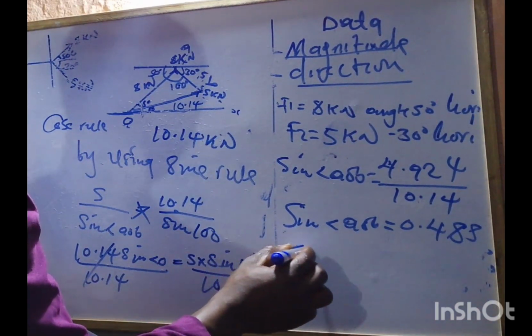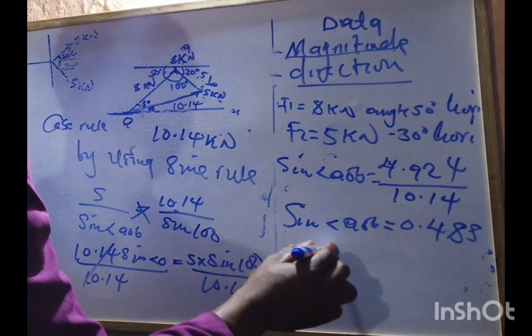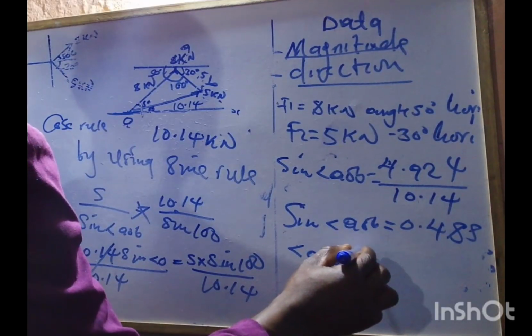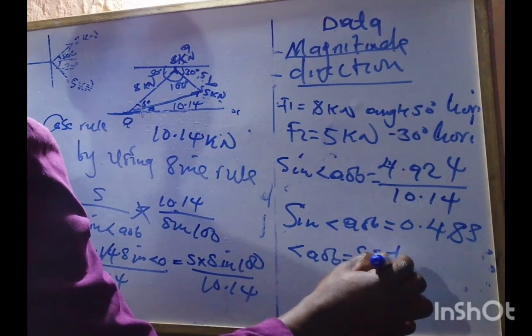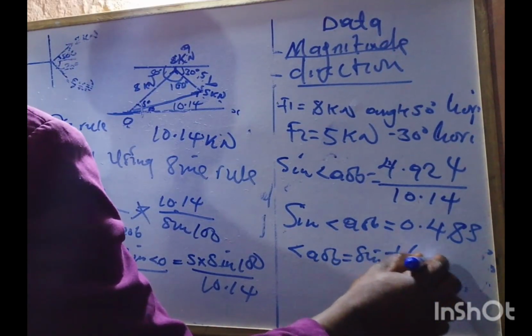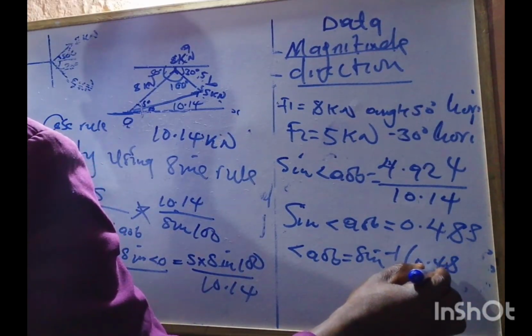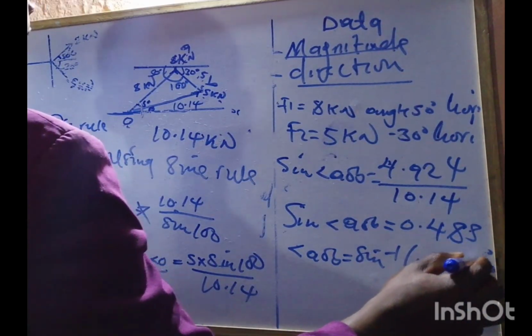So we are going to say angle AOB is equal to sine inverse of 0.485.